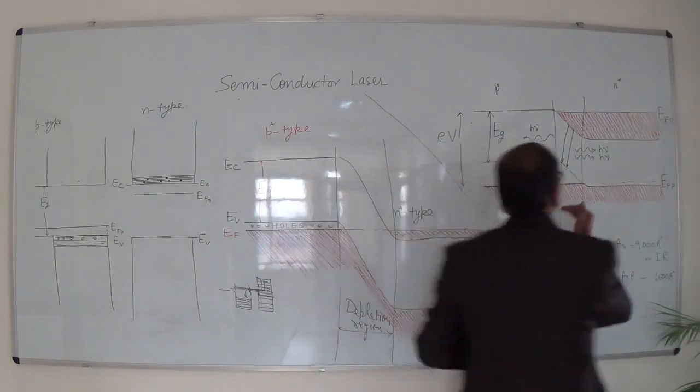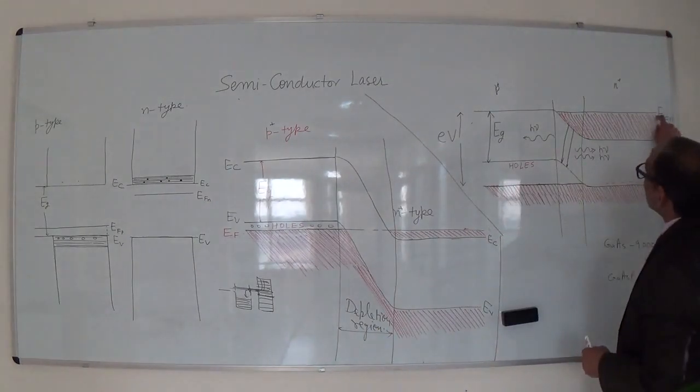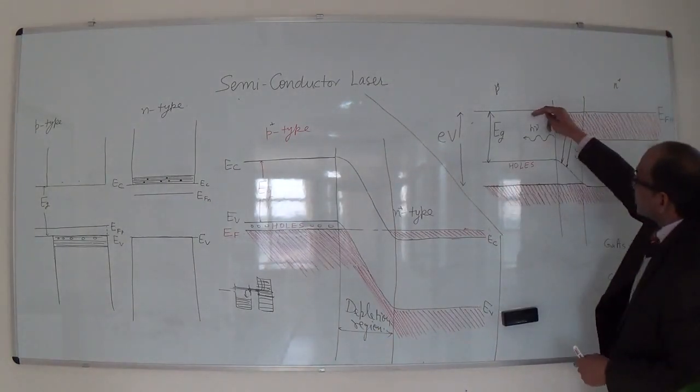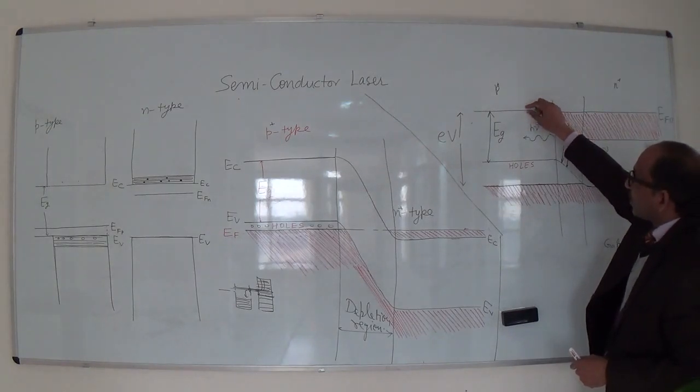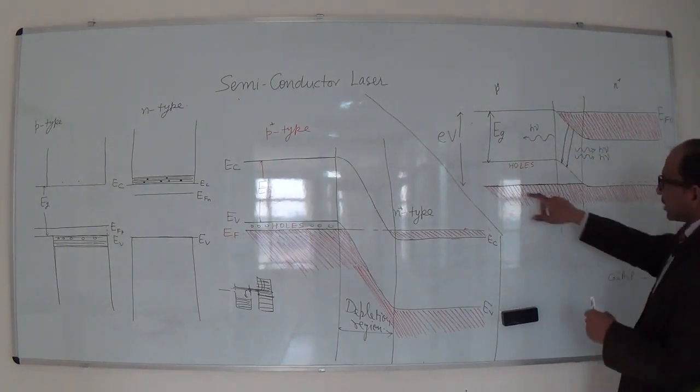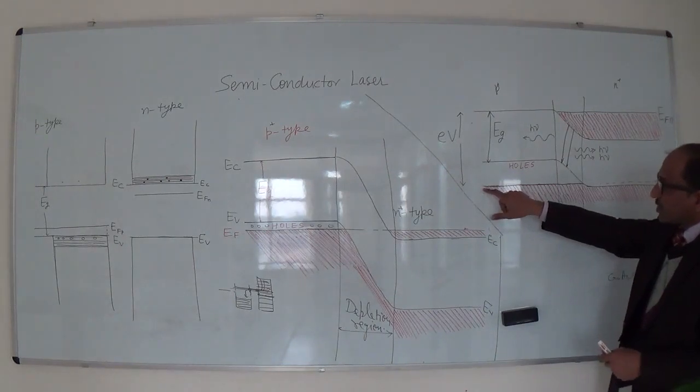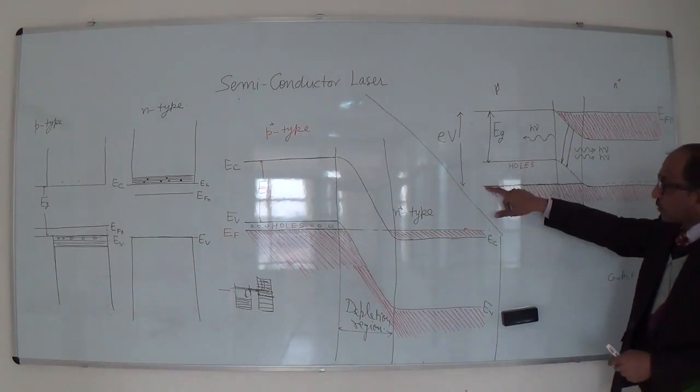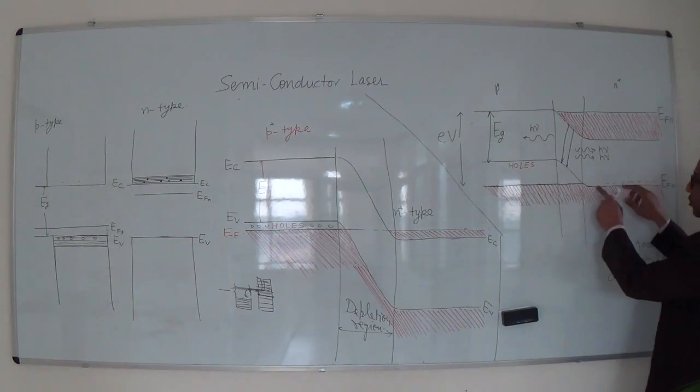So what is happening here? The Fermi energy level is at the same position as the bottom of the conduction band, and here this is the Fermi energy level at very high current. This is almost equal to the top of the valence band.